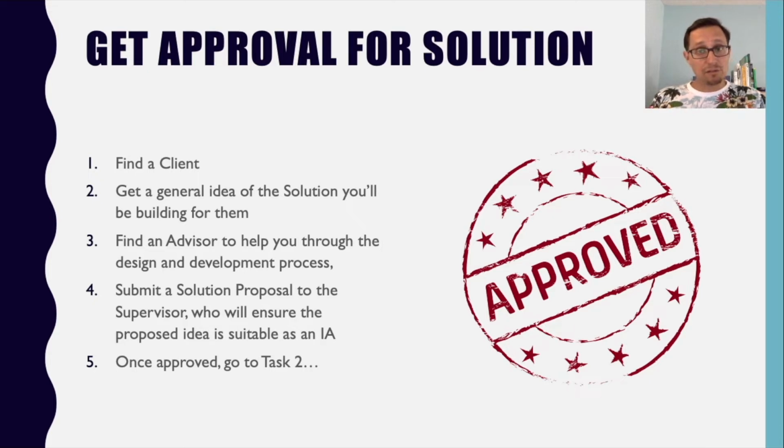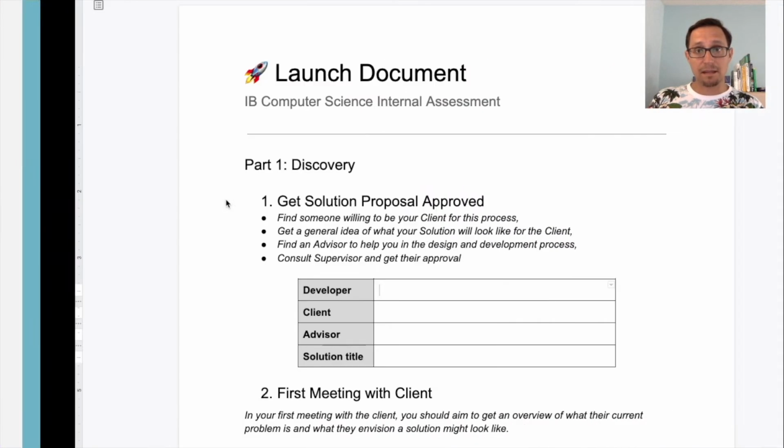This could be your supervisor, your teacher, or someone else, but this is the time you find that person and declare that. And then finally, you will submit your proposal. So fill out the first part of that document, and once you've been approved, you can move on to task 2.